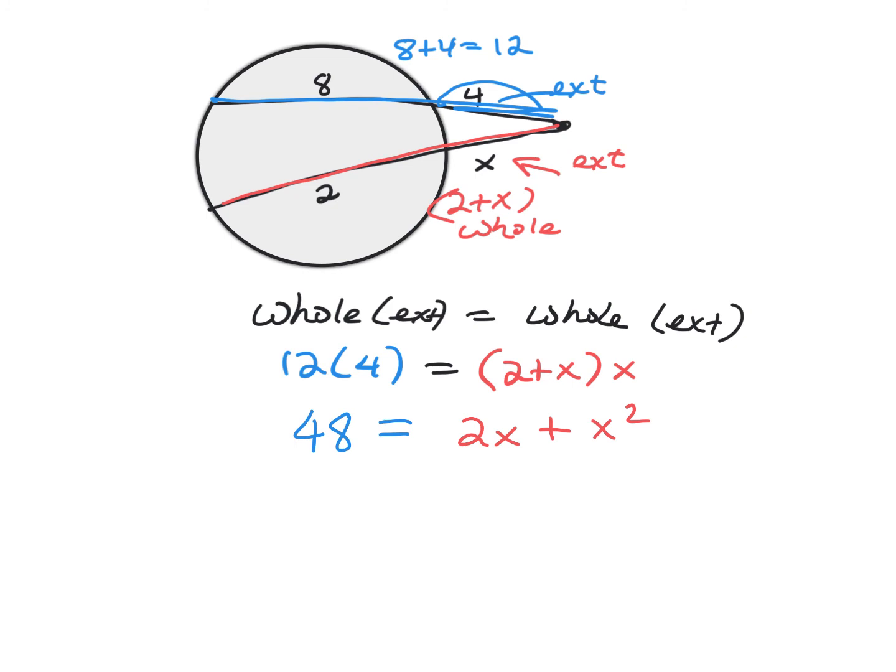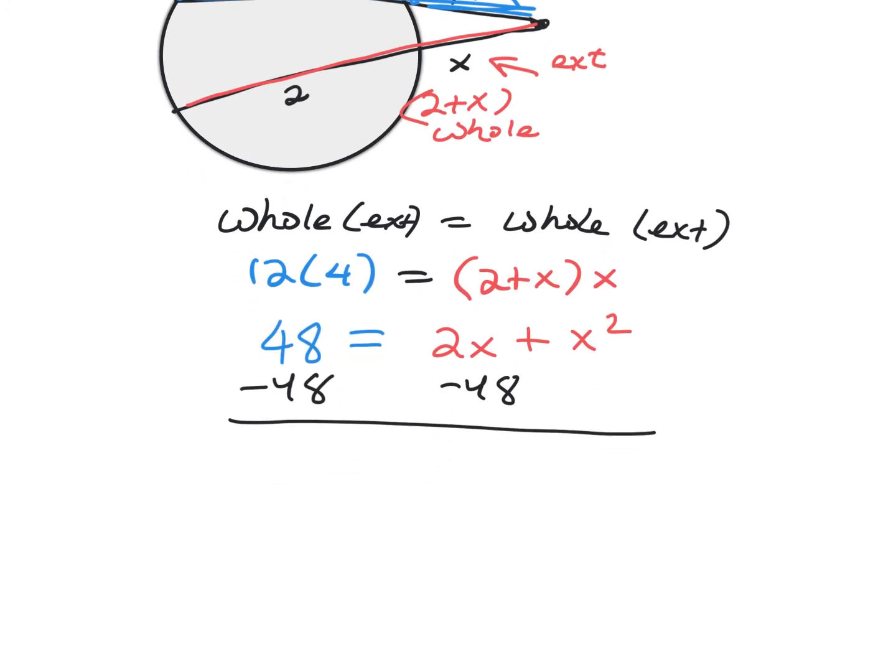Now, I need to get this into a trinomial that I can factor. So I'm going to subtract 48, and then I'm going to rewrite the trinomial in standard form. Standard form means you put the x squared first, then the x term, and then the constant.